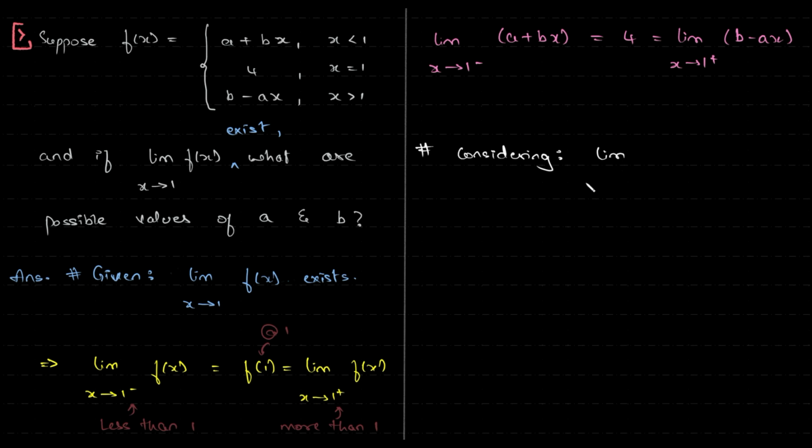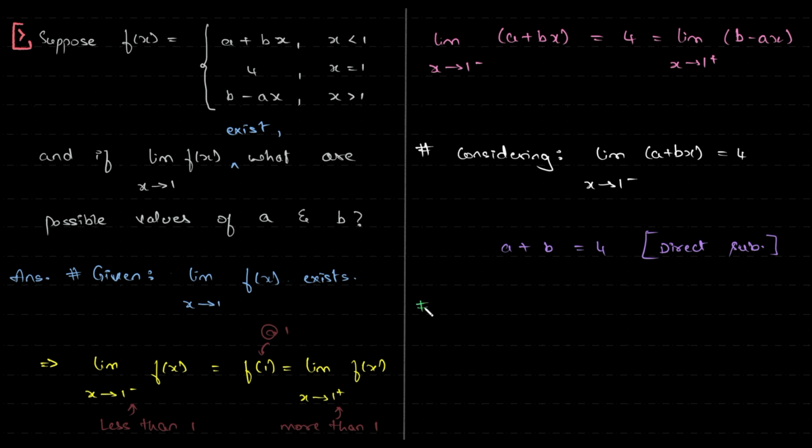Considering limit x tends to 1 from the left hand side, that is equal to 4, and when we solve this, this would be a plus b is equal to 4. This is direct substitution. Now this is your equation 1.